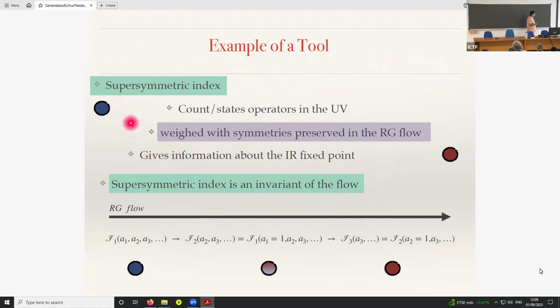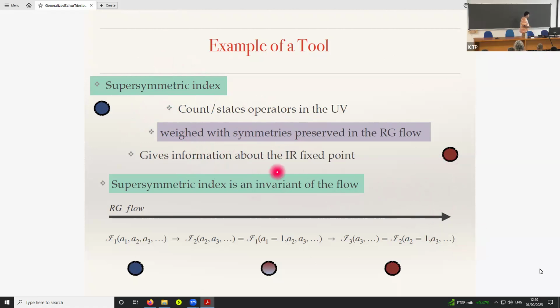You can compute it at weak coupling in the UV, and this is something which is invariant under continuous deformations such as renormalization group flow. So to compute the index, we just count states or operators in the UV with certain weights, where the weights are related to symmetries that are preserved by the interactions or the renormalization group flow. And then the result of the computation gives us some information about the infrared fixed point.